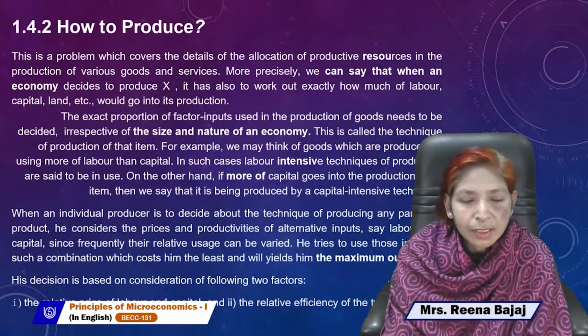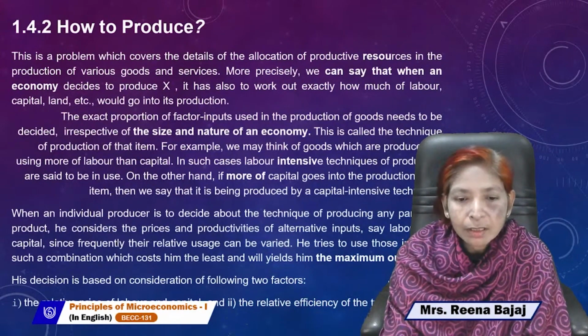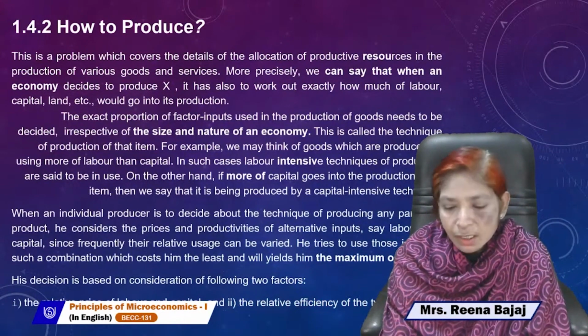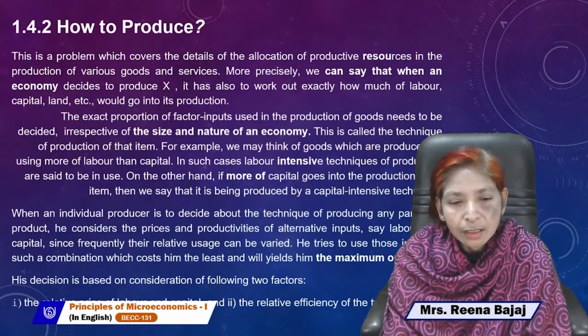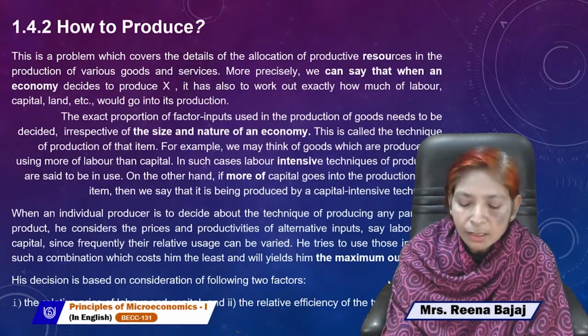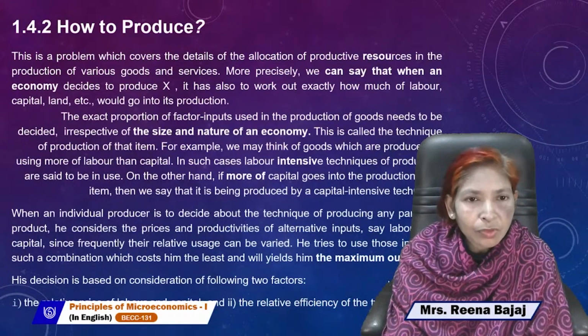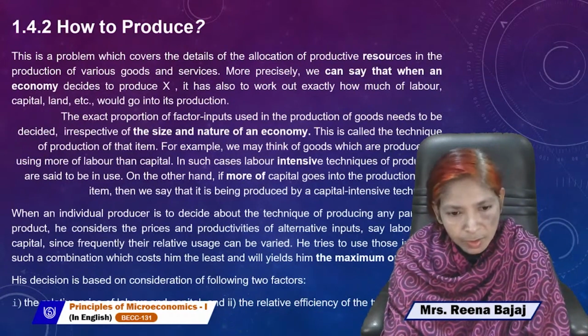So how to produce, this problem is related with two types of technologies, and we have to make a choice between them, what type of technology we should use for the production of goods and services.